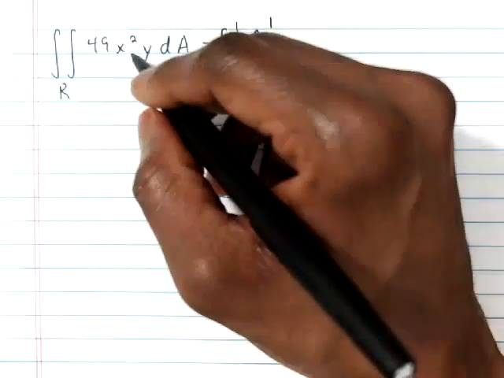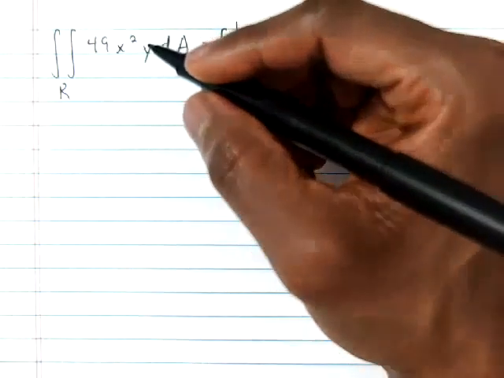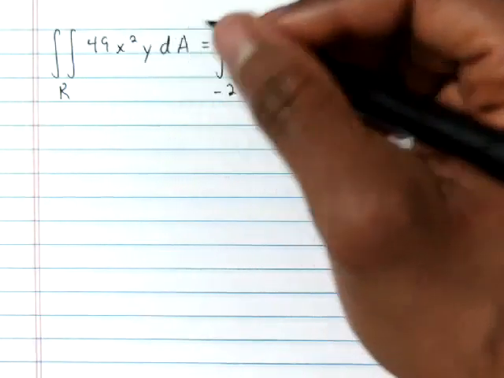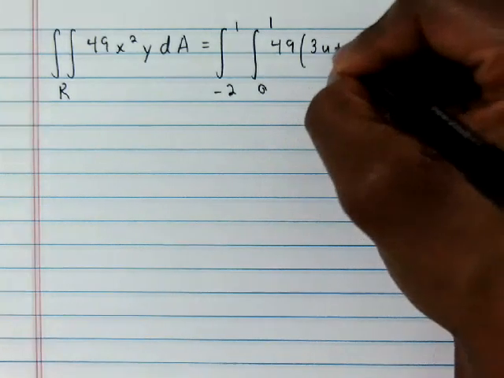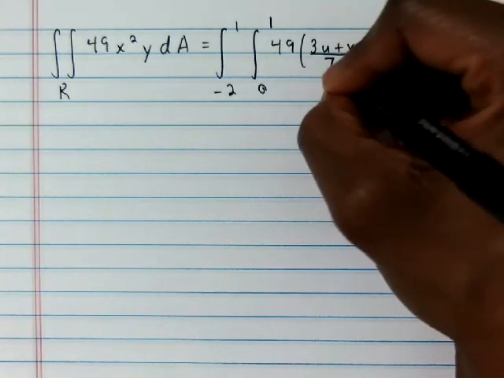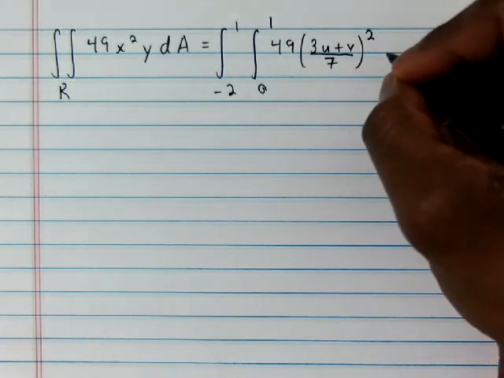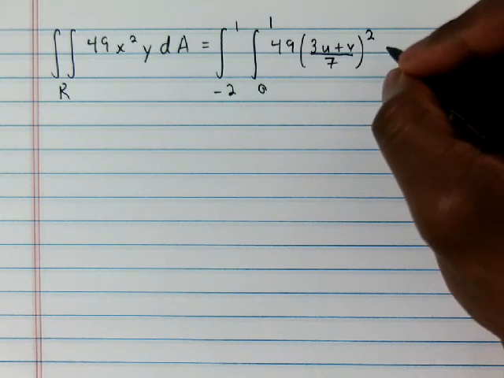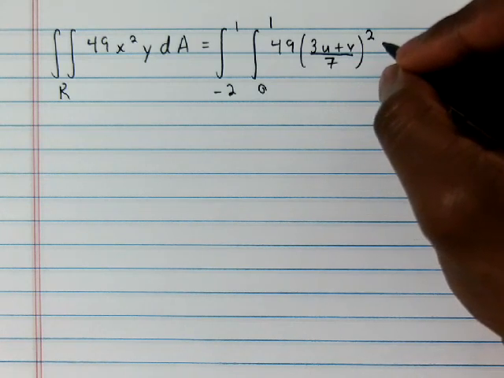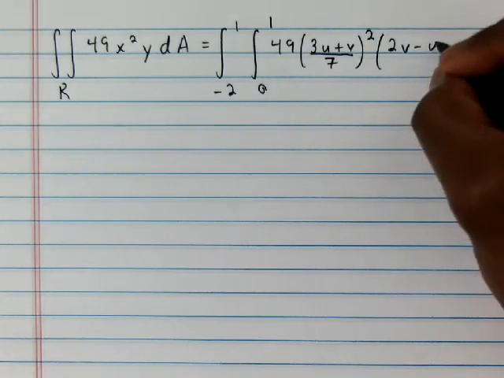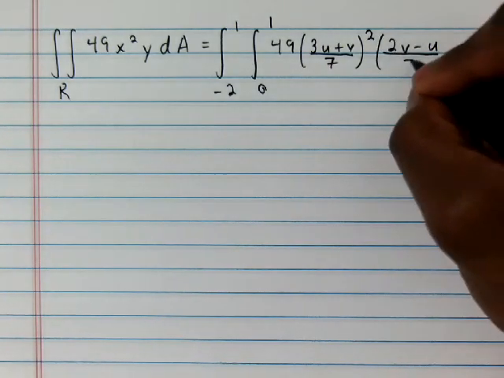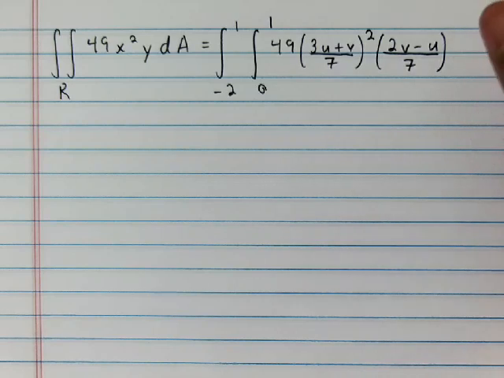We need to put that in right there and square it. Our x was (3u plus v) over 7. So (3u plus v) over 7, quantity squared, and then times our y, which was (2v minus u) over 7.